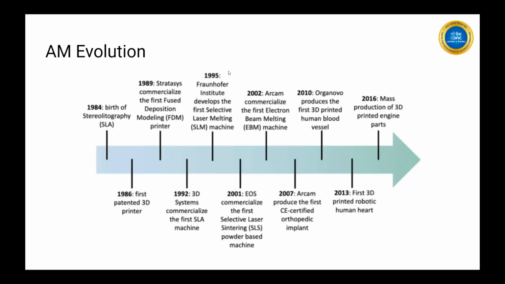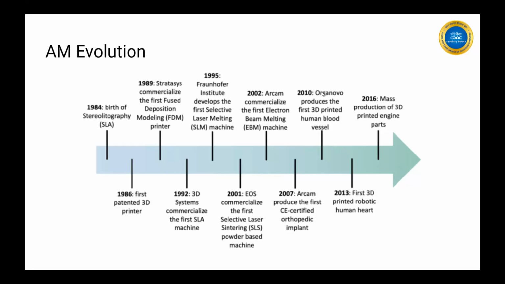Again, Fraunhofer invented the SLM machine, which has powder as raw material. And then in 2001, SLS, selective laser sintering machine, which is mainly used for polymers, was invented. And in 2002, a company called Arcam made the EBM machine.